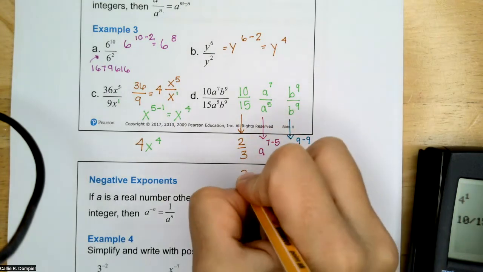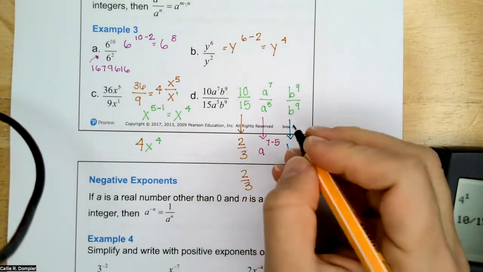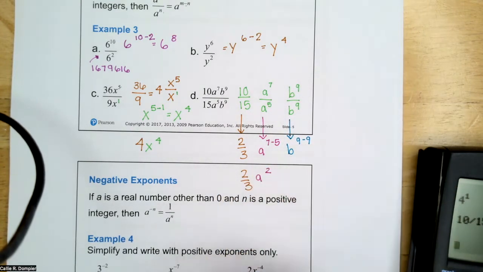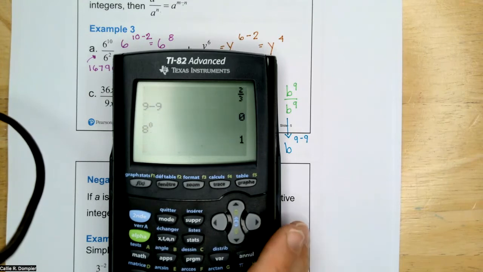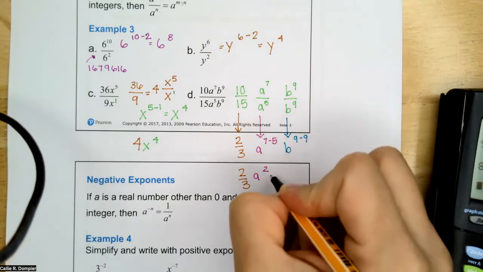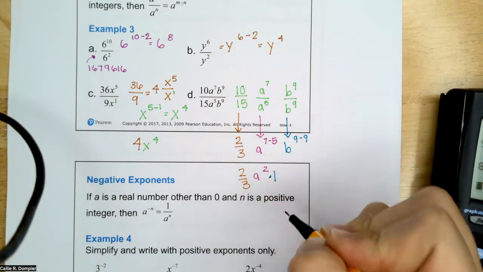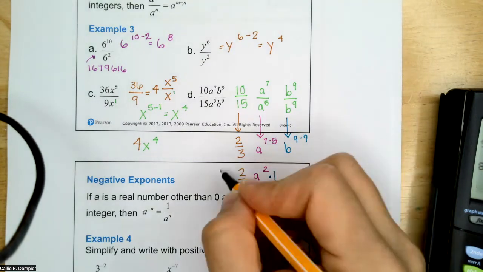We have 2/3, a 7 minus 5 is just a squared, and then b 9 minus 9 is not 1, right? It's 0. And remember, anything to the power of 0 is 1. So a squared times 1. That b to the 0 power became 1, and 1 multiplied by all of this just keeps all of this.